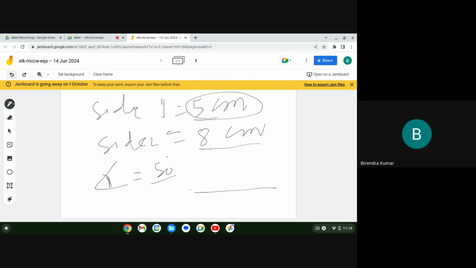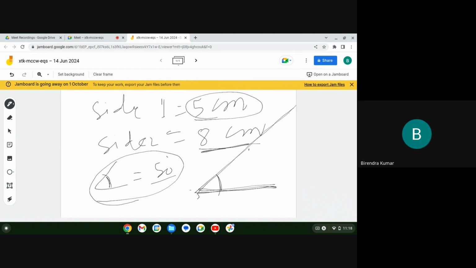I'll not worry about that side for now, but I have the angle, let's say 50 degree. Do you know how to draw a 50-degree angle? You just need that protractor, right? You can measure where the 50 degree is, and you will join these 2 points and make this 50 degree. So this is your angle now, and this one side is known.